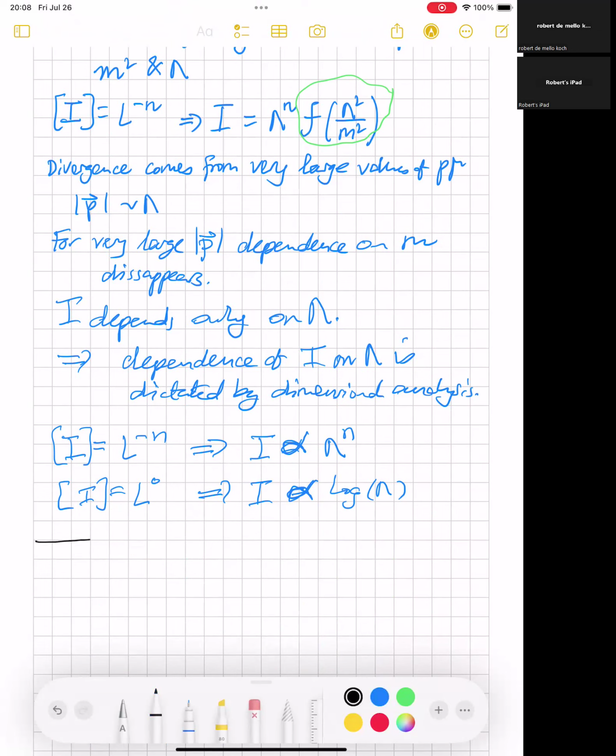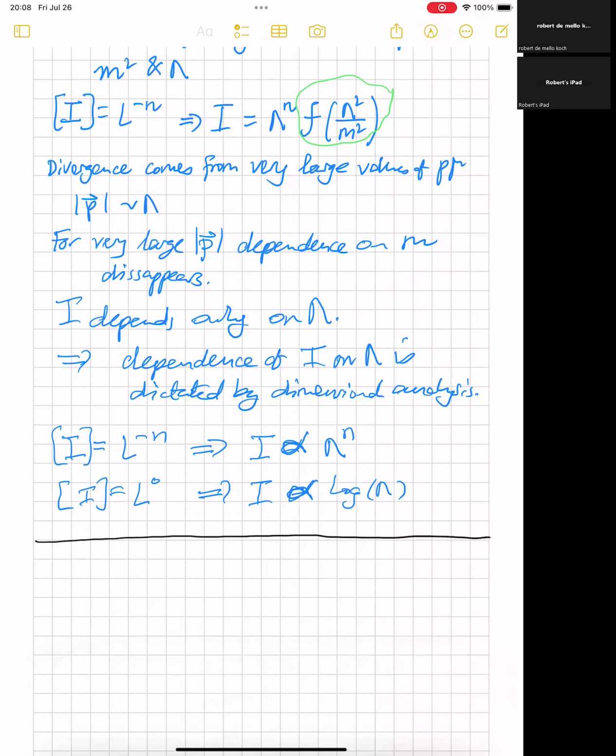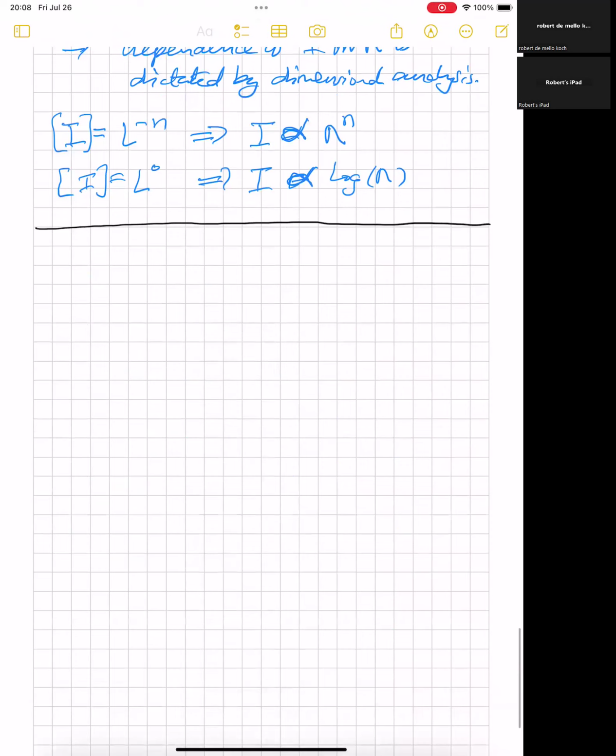Okay, good. So now that we have some understanding of why it is that dimensional analysis determines the degree of divergence, let's now do a more careful analysis using dimensional analysis. So consider a Feynman diagram F, and there'll be a few parameters which are important.